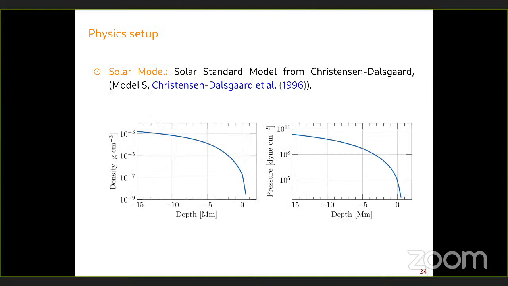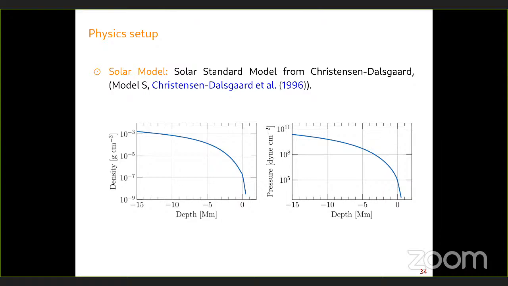What we want to do here is just fill the solar interior with a model, in this case, the solar standard model. In this model, we locate a magnetic flux tube in this region, so we have to properly set this magnetic field.